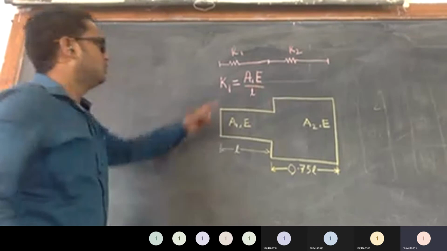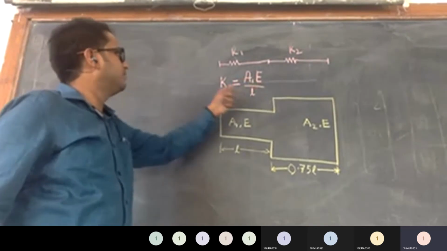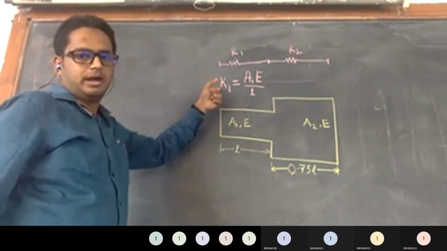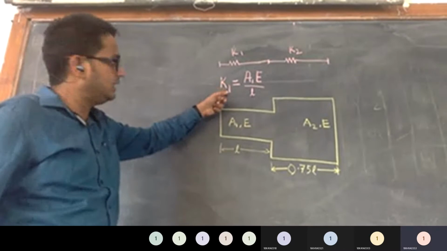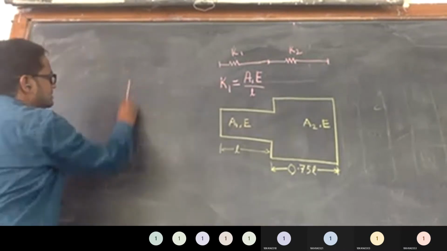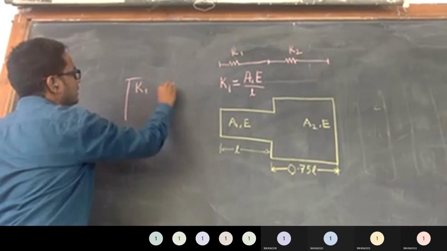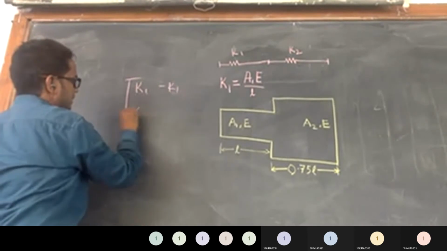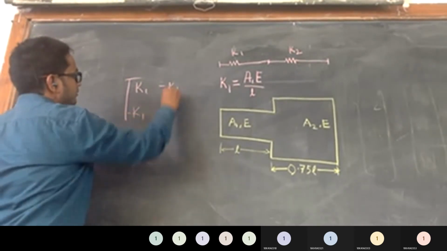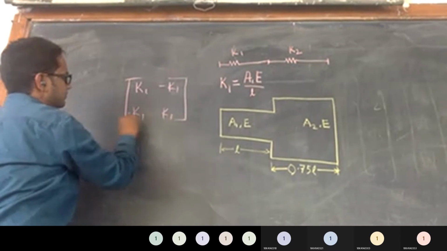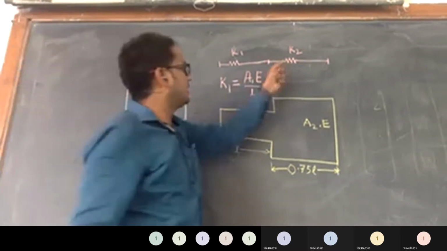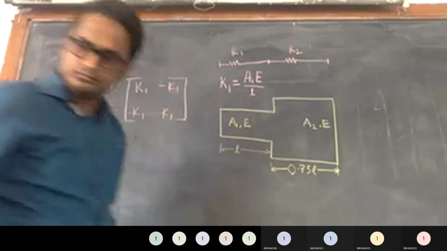So if the values of A, E and L are given, you can calculate. From here you can write your element stiffness matrix: K1, minus K1, minus K1, K1. Similarly, what will be K2?